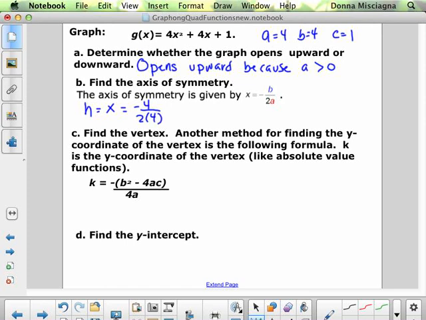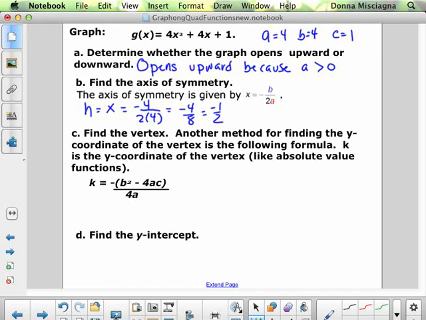So this is negative 4/8 or negative 1/2. Now we can plug negative 1/2 back into the function, or we can decide to use the formula for k. Either way, we're going to get the y-coordinate for the vertex. Because it's a fraction, let's go ahead and just use the formula.